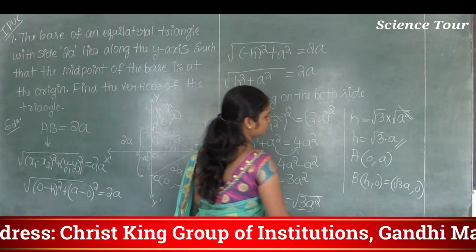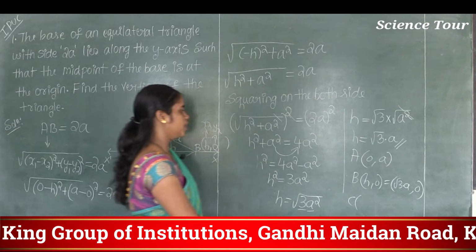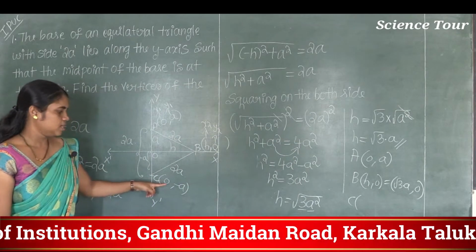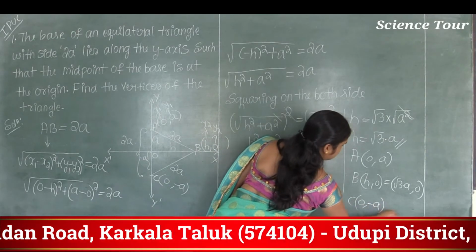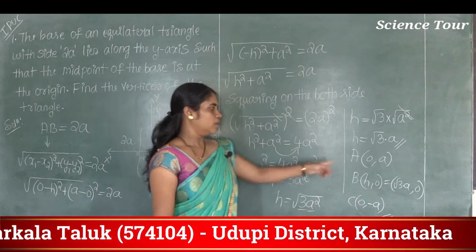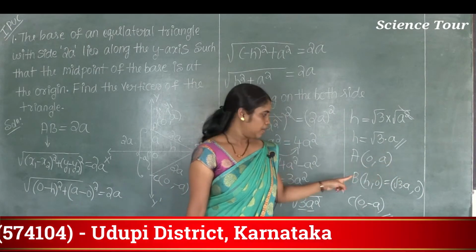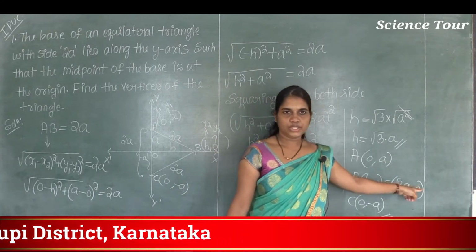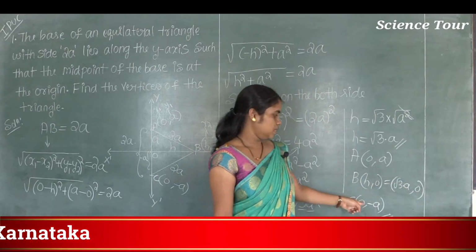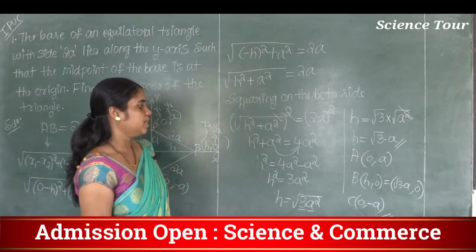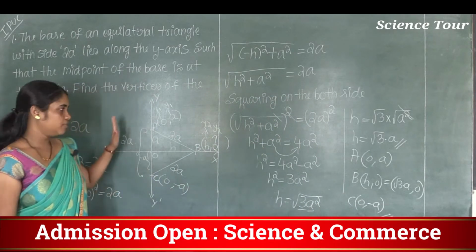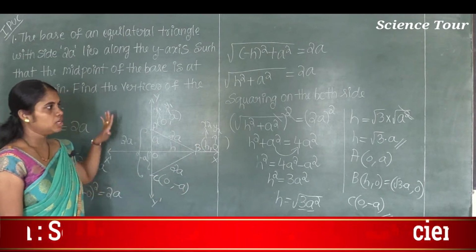Next, third point C: 0 comma minus a. Therefore A is (0, a), B is (root 3 a, 0), C is (0, minus a). So these are the coordinates of the three vertices of this equilateral triangle.